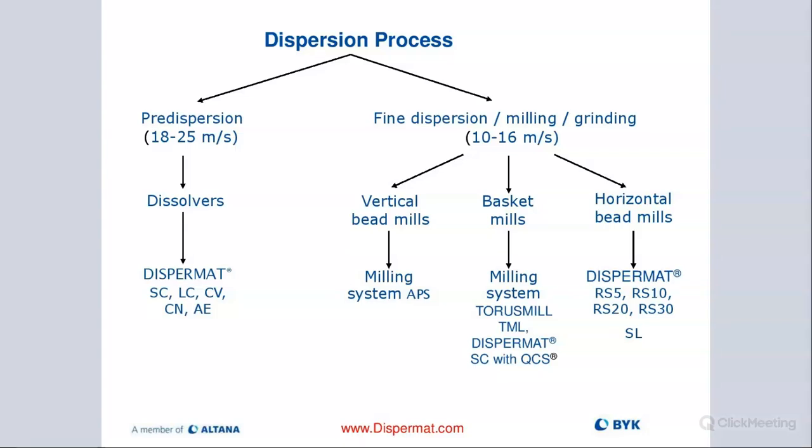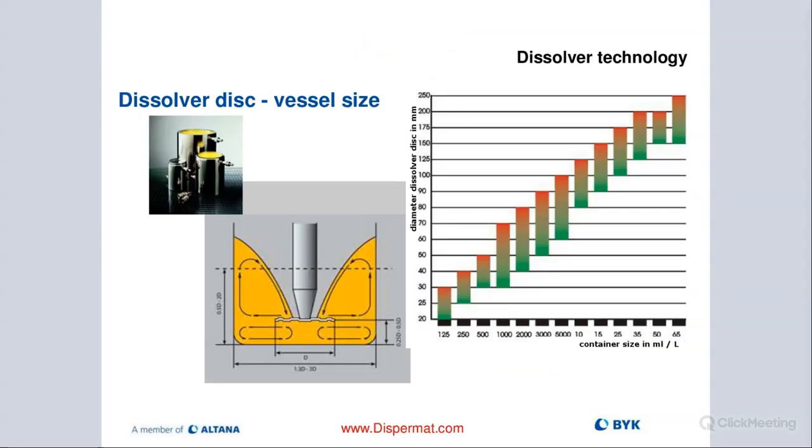For that, we use the bead mills: either vertical bead mills, a basket mill, which some people refer to as immersion mills, or horizontal bead mills, which probably a lot of you are pretty familiar with. So these are the options to get down to the really, really small primary particle size when we are grinding or milling. Okay, but back to pre-dispersing.